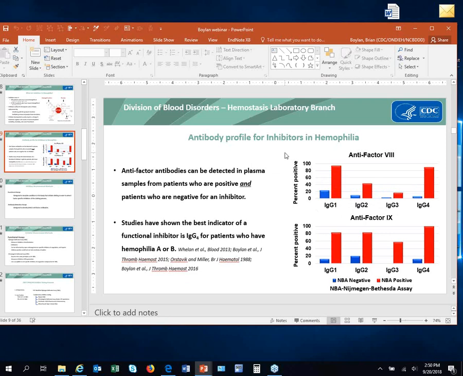Okay, thanks. So this question also from the audience is, do you know of any cases in which an antibody developed against emicizumab? Yes, so during the clinical trials, they monitored patients for the development of anti-drug antibodies. And I believe that one patient developed an anti-drug antibody that neutralized its activity. And the trial had, I believe, 100 participants.